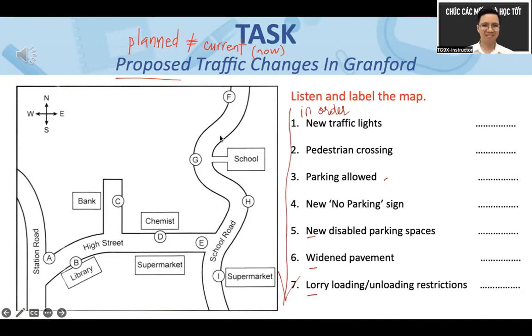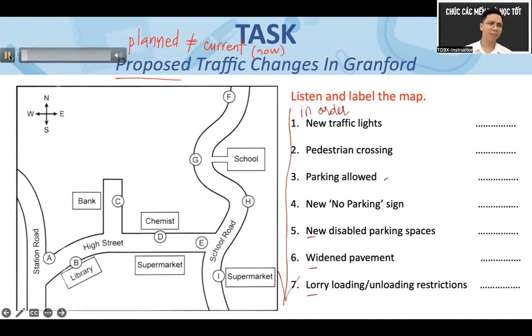OK, so this slide shows a map of the central area of Granford. The High Street in the middle and School Road on the right.